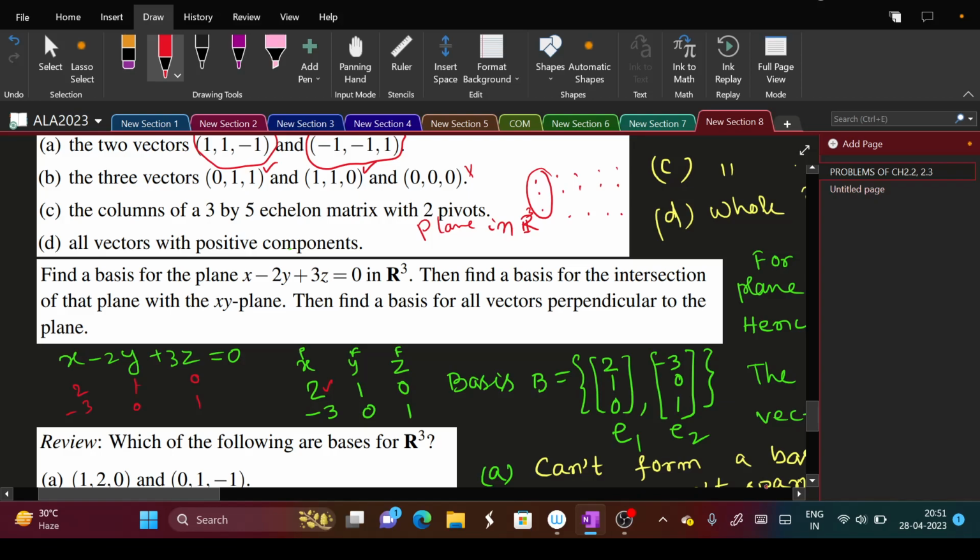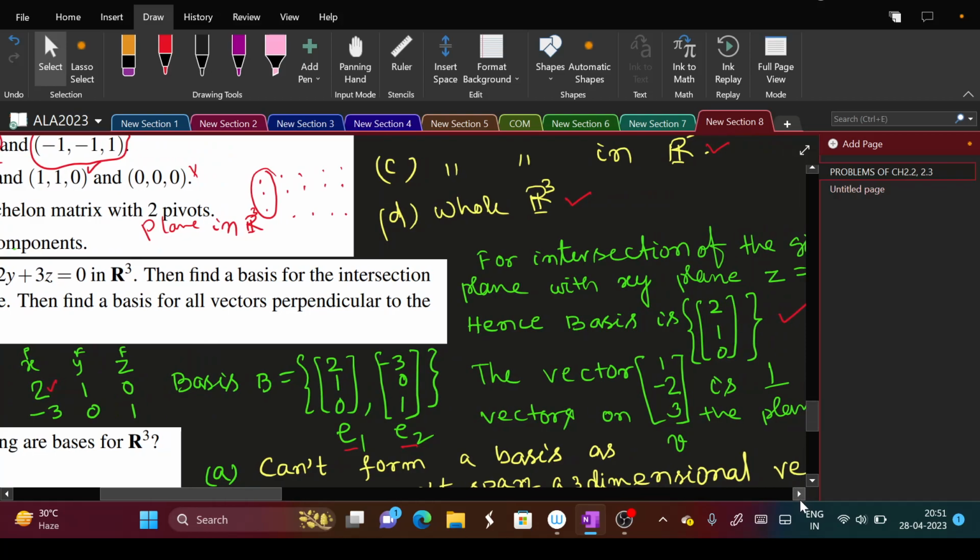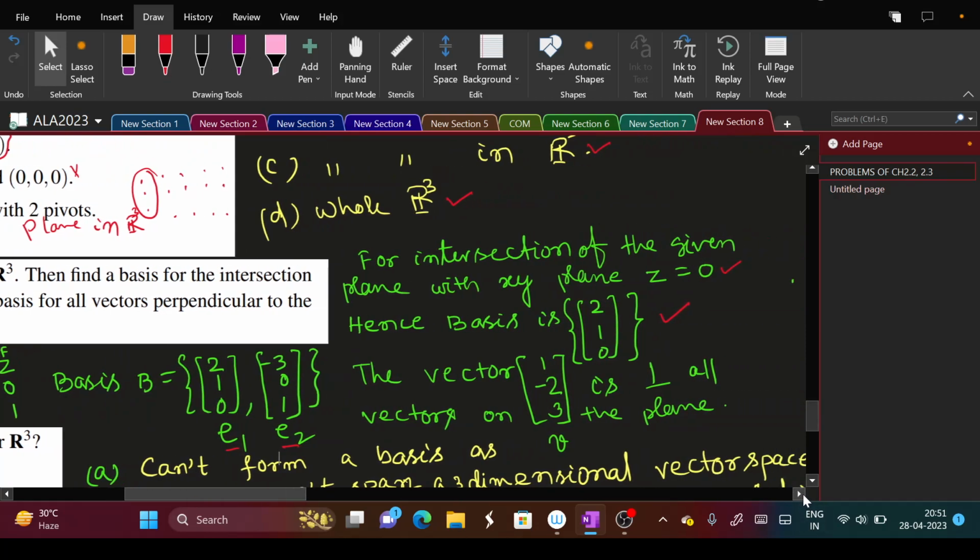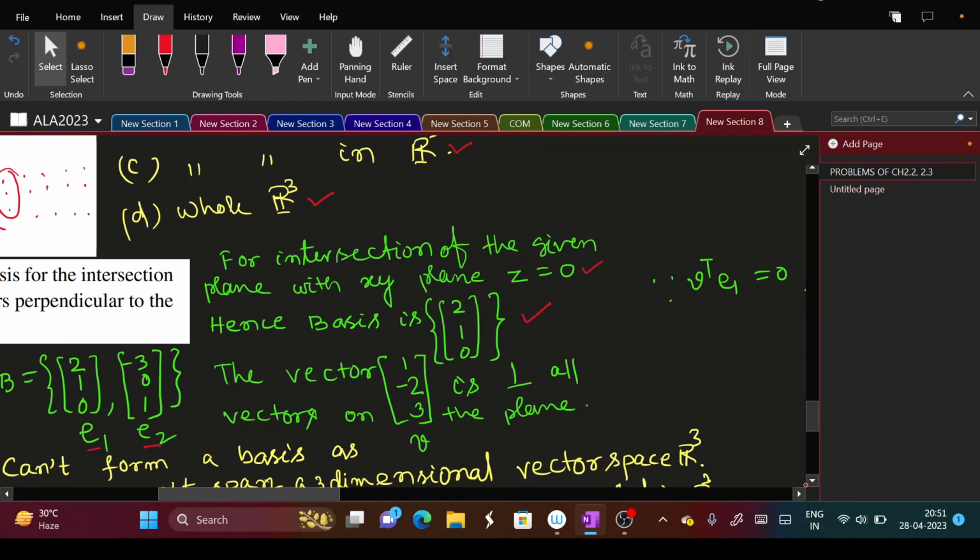Its name is E1, its name is E2. Now what are we getting? My vector is (1, -2, 3), we will do the dot product. This is my V vector. So V transpose E1 is how much?